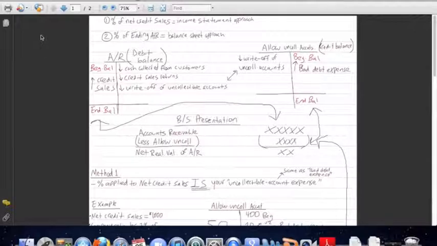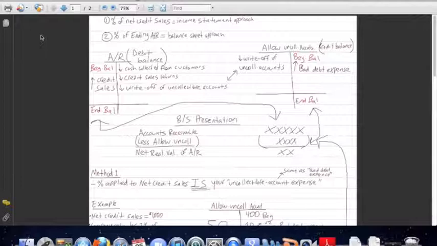So what originally happens when the sale occurs is, let's pretend we're ABC company, and we're going to sell the product to Joe. Once we sell the product to Joe on account, meaning he's going to pay us in 30 days, we're going to put an accounts receivable on our balance sheet, because now he owes us, so it's an asset.